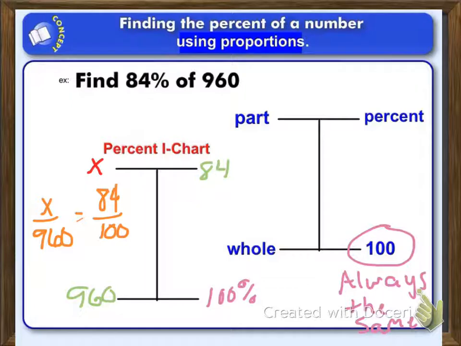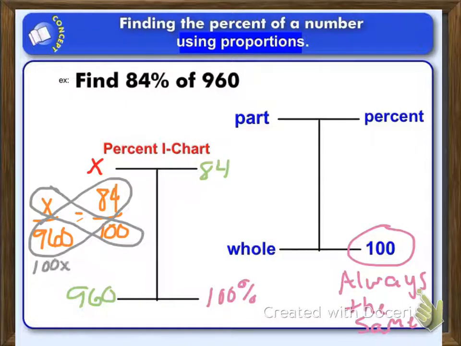Okay, and like we do any other proportion, how would we solve for that? Hopefully you said cross multiply. So when I cross multiply, I have 100x is equal to 960 times 84.